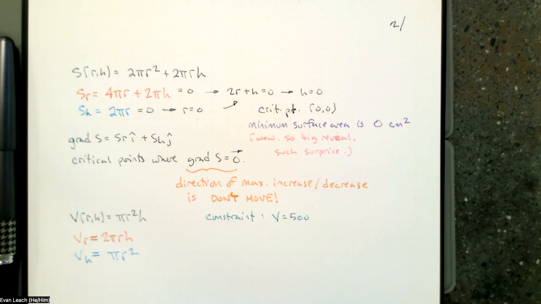If I set these equal to 0 and solve, we'll also get 0, 0, and we'll find that our minimum volume is 0, and we knew that already.